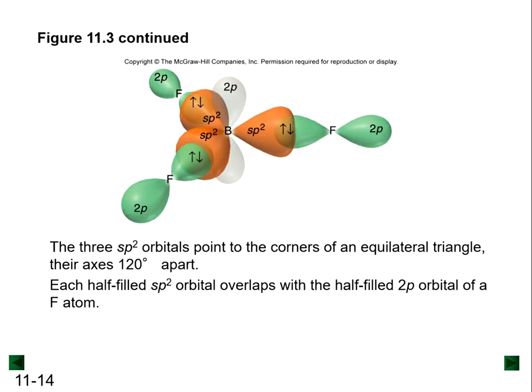That overlap brings the 2 electrons together. The 2 electrons sit in the overlap region, paired up, forming a sigma bond, or a single bond. The 3 sp2 orbitals point to the corners of an equilateral triangle with their axes 120 degrees apart. Each half-filled sp2 orbital overlaps with the half-filled 2p orbital on the fluorine.